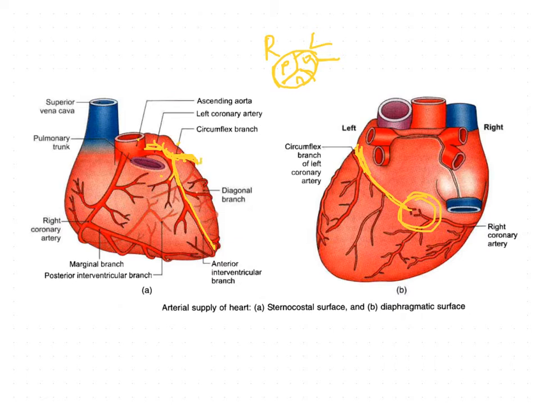At this point on the left border, the circumflex artery also gives the left marginal artery, and it gives small branches to the left atrium and some pulmonary and terminal branches. The left ventricle is also supplied by this artery.